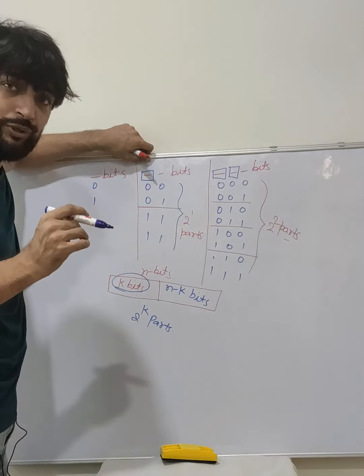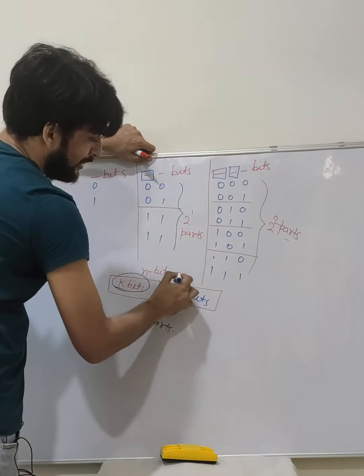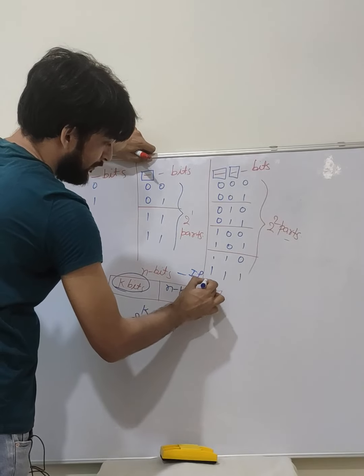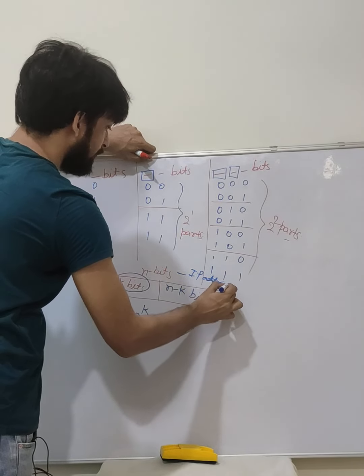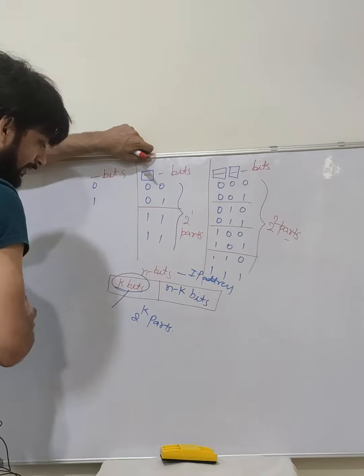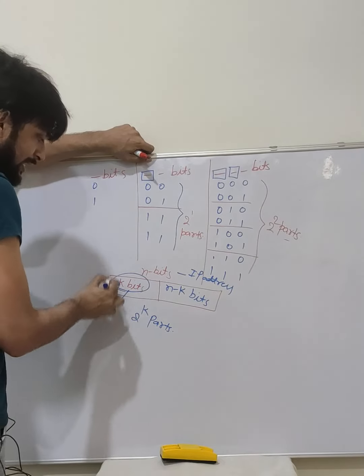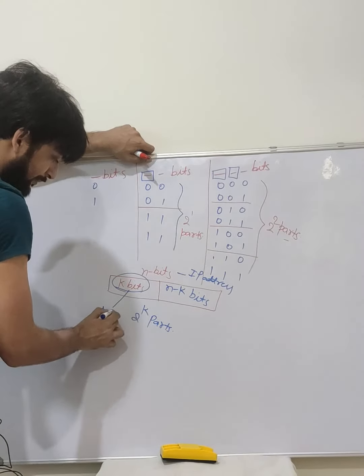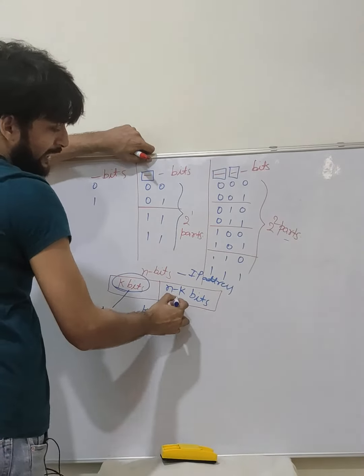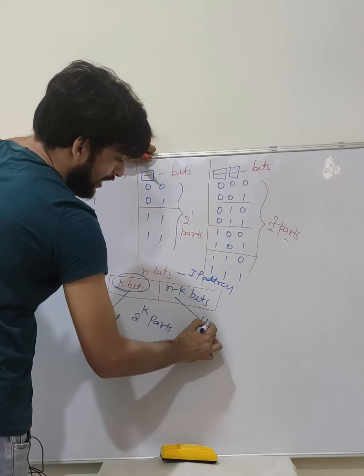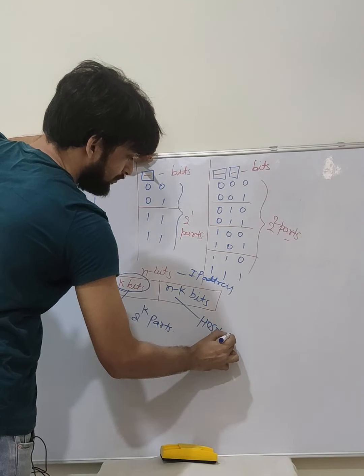Coming to computer networks, this n-bit number is nothing but our IP address. These k bits are the chosen k bits. Points to be remembered: the chosen k bits are our network ID, and the remaining n minus k bits are our host ID.